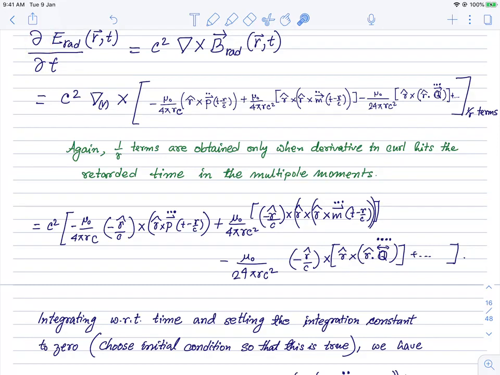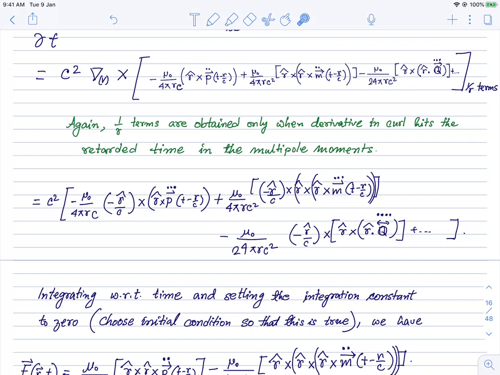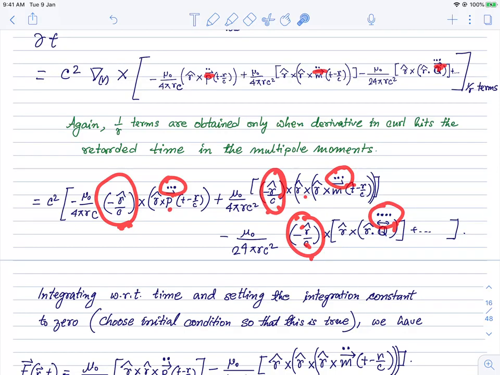As I said, everywhere you take a curl, you have this 1 over r, minus r hat by c. This is the action of the curl. Not only that, you have an additional time derivative. Here there's 3, 3, 4, and here there's 2, 2, 3, so one time derivative increases. After you take the curl, there's one more time derivative, and there is a cross product with one more r hat piece. That is the idea.